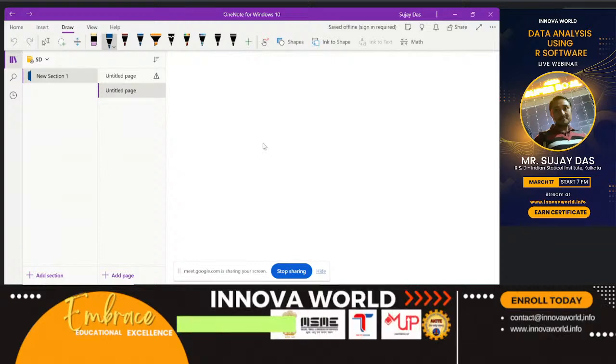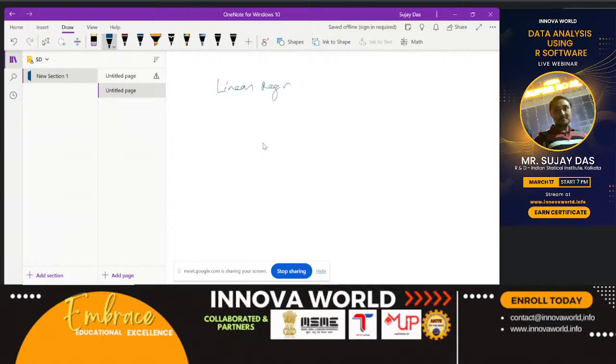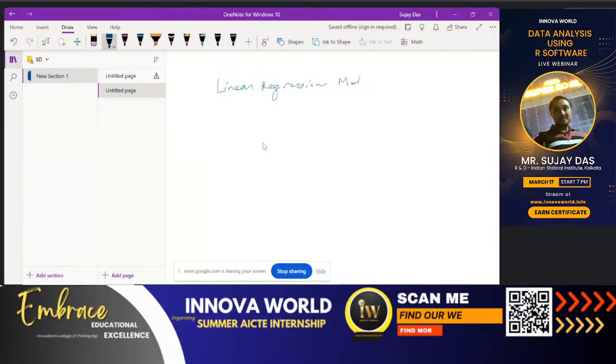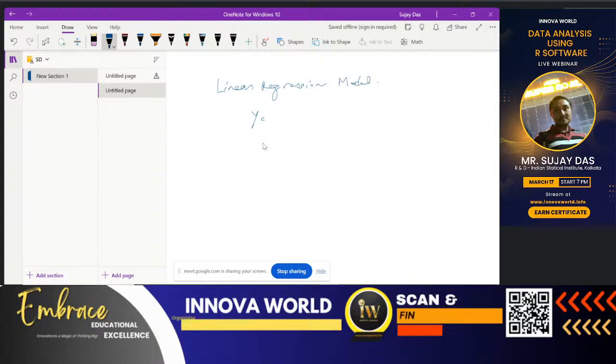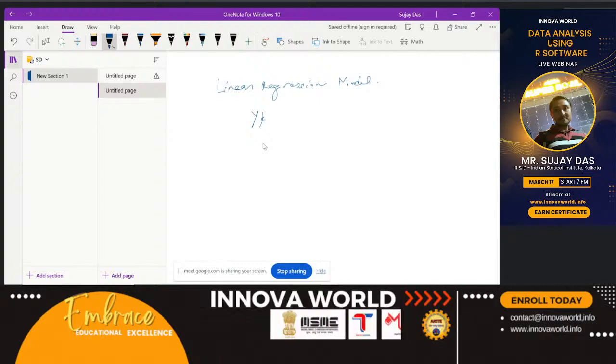Okay. So the basic linear regression model looks like this. There is a variable y which we want to explain on the basis of some predictor variables.